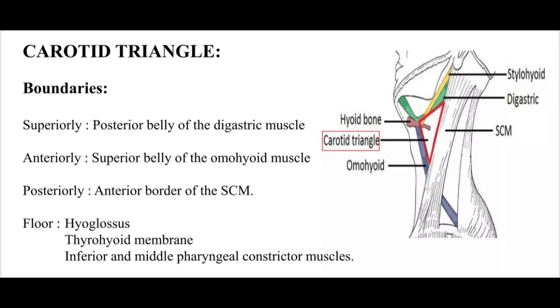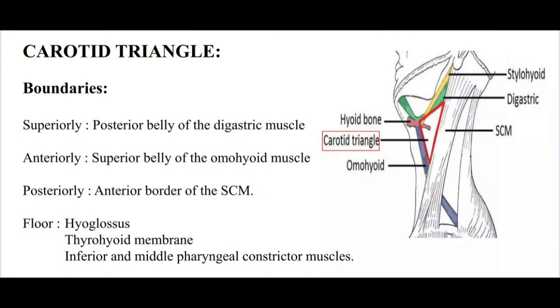The next one is the carotid triangle. Because it contains the carotid vessels and the carotid sheath, that's why it gets the name carotid triangle. What does the superior border contain? If you are in the carotid triangle, what do you see superiorly? The posterior belly of the digastric, which is always supplemented by the stylohyoid muscle. The anterior inferior is always the superior belly of the omohyoid.